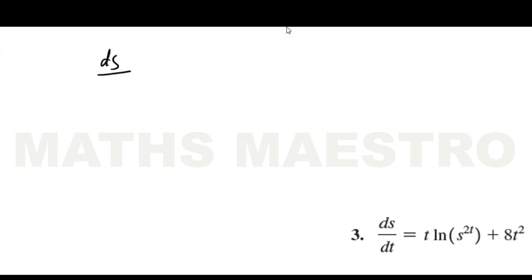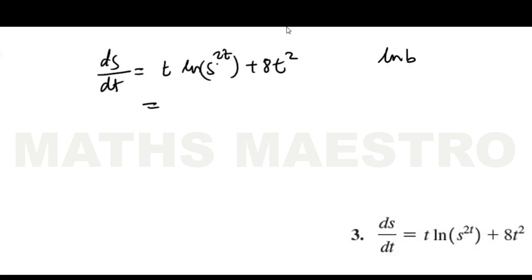Okay, now question number three is a little tricky compared to the earlier ones. Now we know the rule that if a natural log is given like ln(a^b), we can write this as b ln a.